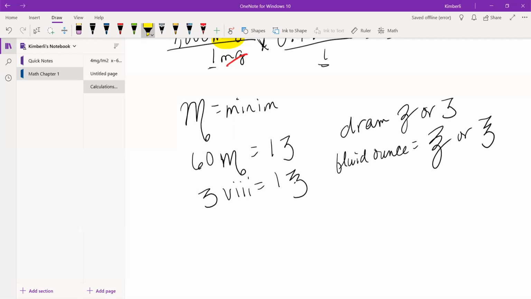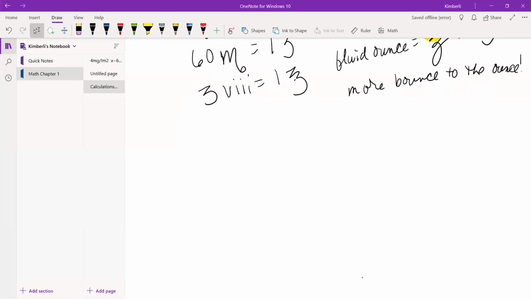So there's more bounce to the ounce. So that helps you remember the ounces are bigger. They have that little extra loop on top, so there's more bounce to the ounce. Okay, one way to remember that one.